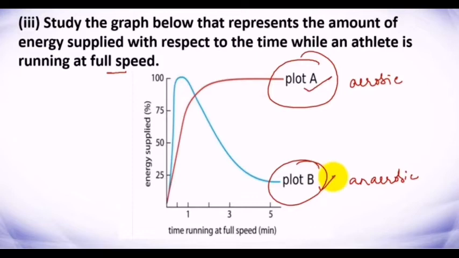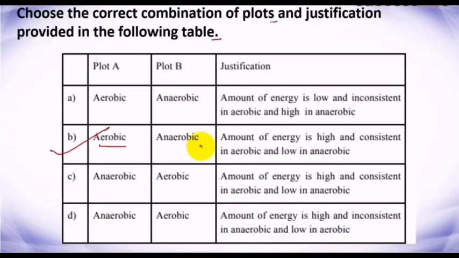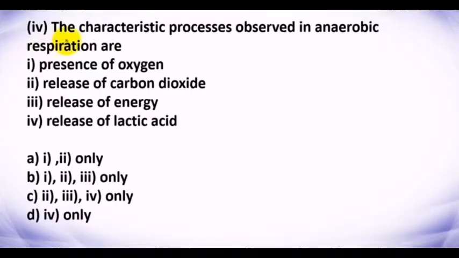So the correct answer is option B, that is, aerobic is plot A, plot B is anaerobic, and the justification is that the amount of energy is high and consistent in aerobic and low in anaerobic. That is the correct answer.